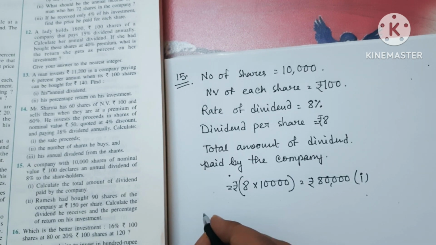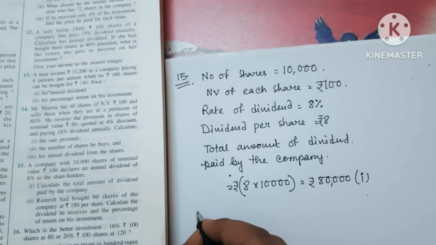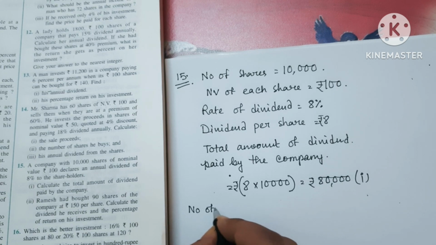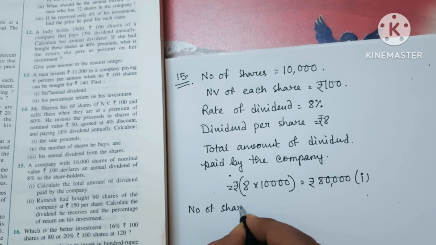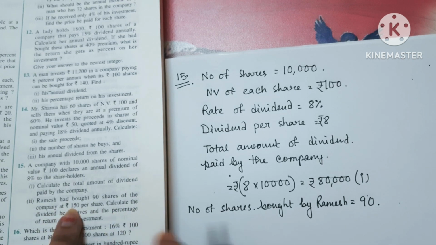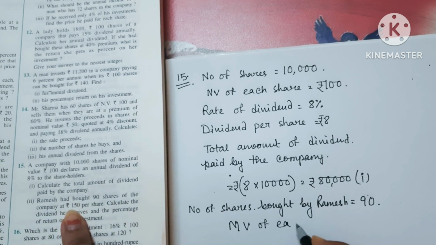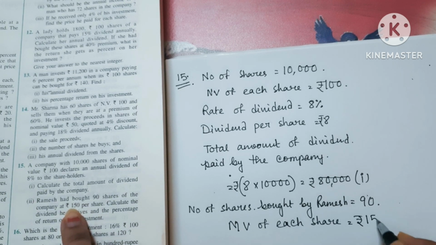Okay, now Ramesh had bought 90 shares, and the market value of each share is rupees 150.